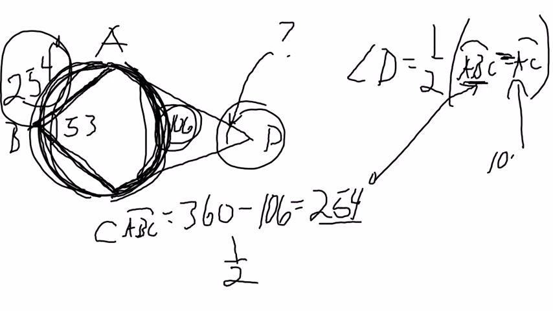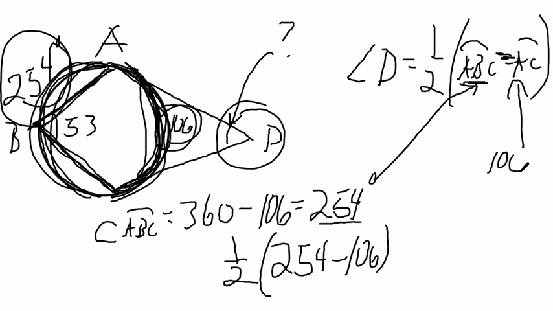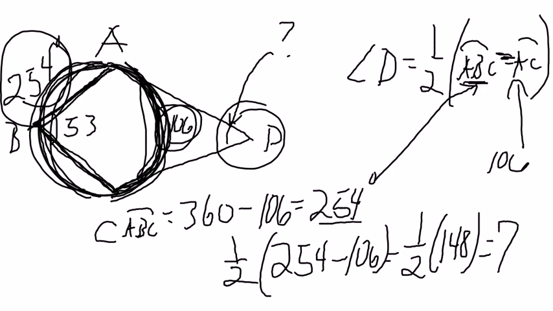So it's 1/2 of 254 minus 106. And so that's going to give us 148. And half of 148, or you could divide by 2, however you want to do it, is going to be 74. So that angle right there is 74 degrees. It's angle D. All right.